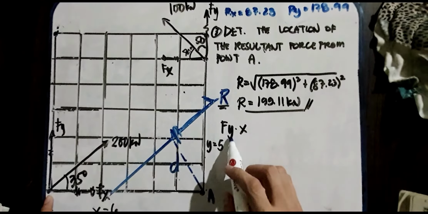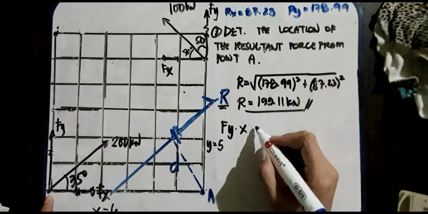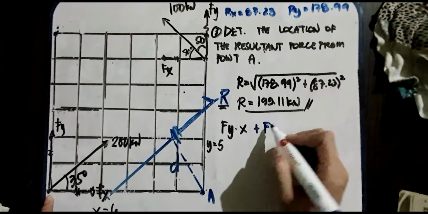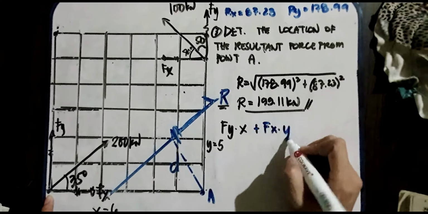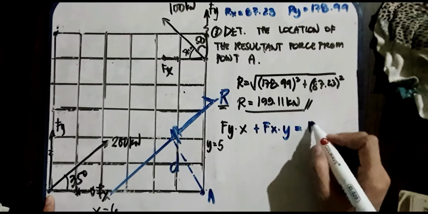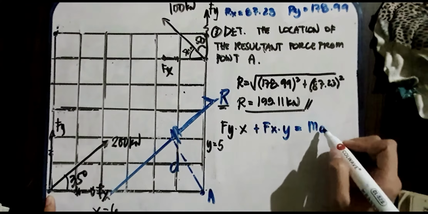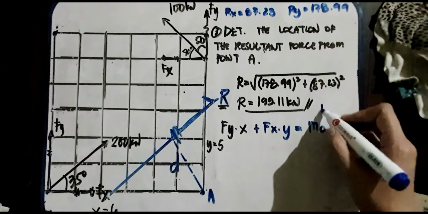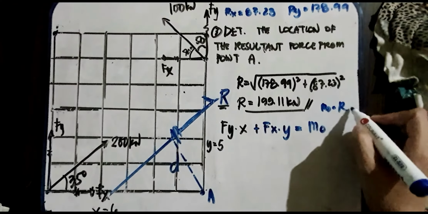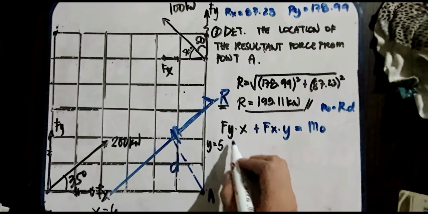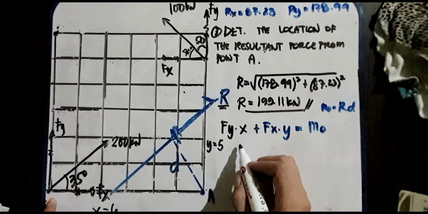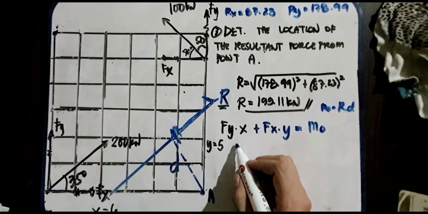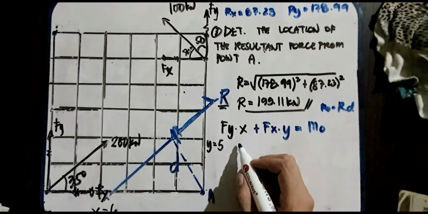So, we have fy, fx, okay, plus, we have x multiplied by Fy, and we have moment natin, MO. Okay, so we have MO is also your resultant multiplied by your distance. So what is your Fy from here? So we have Fy to be, ilan yung nakuha nating Fy kanina?